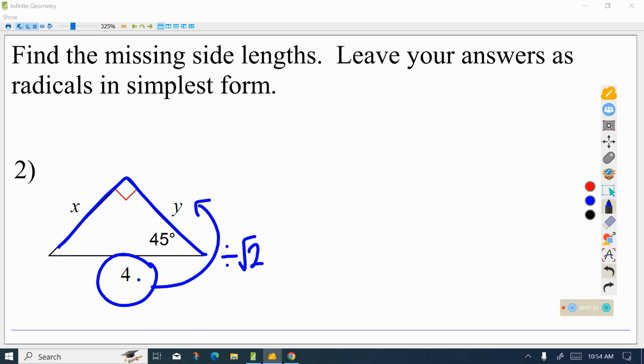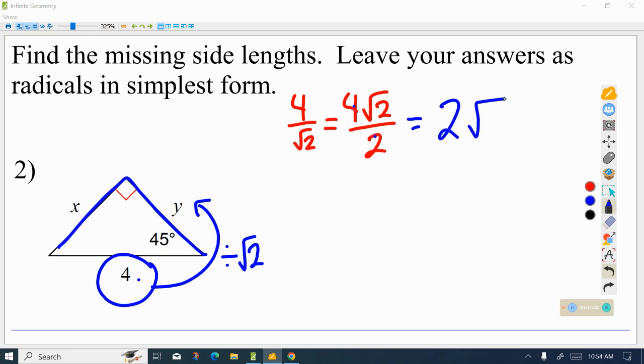So this side is going to be 4 divided by the square root of 2. But as we saw earlier from our little pattern, this is the same thing as 4 root 2 over 2. Because we can break this down a little bit, 4 divided by 2 is 2. So the final answer would be 2 root 2.